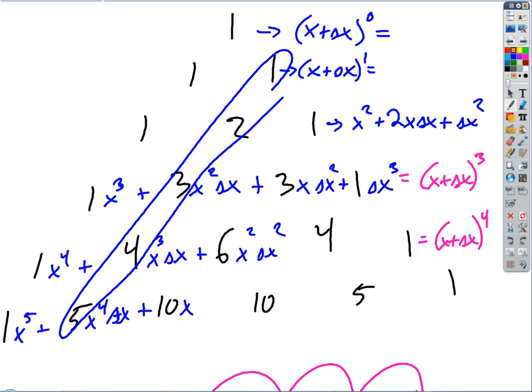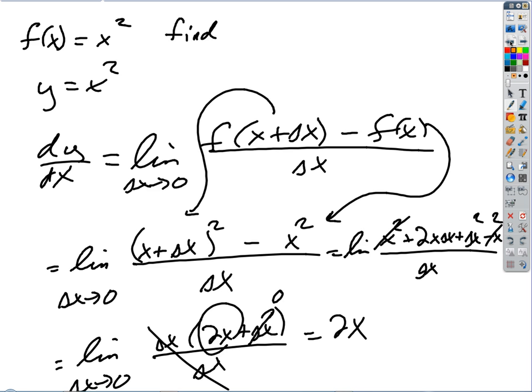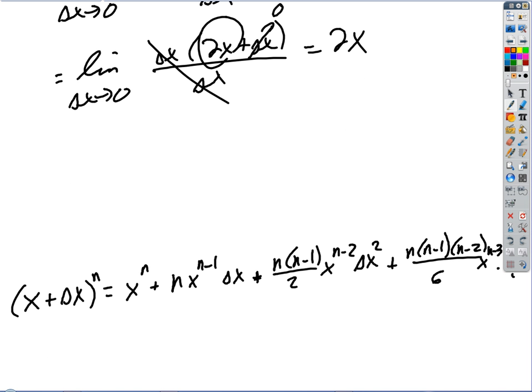And by the way, if we use the more mathematical way of doing this, there is a formula for predicting what the coefficients of each term in a binomial are. It's called the binomial expansion. And it just goes on and on and looks like this.